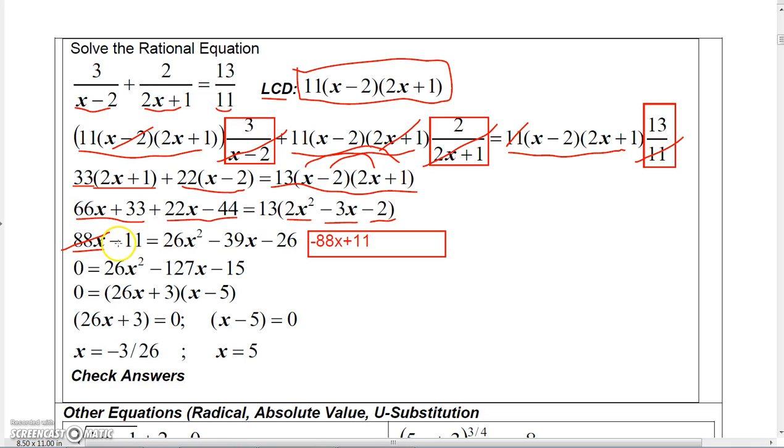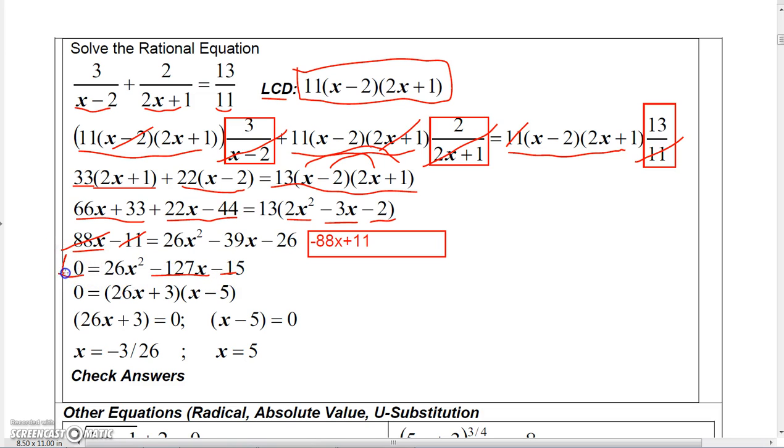And then I need to get rid of this minus 11, so if I add 11 to the right hand side and add 11 to the left hand side, the minus 11 plus 11 will cancel, and on the right hand side I'll have plus 11. So since these two terms cancel, I get 0 on the left, and then over here, if I take minus 39x minus 88x, that's where I got the minus 127x. And then the minus 26 plus 11 is where the minus 15 came from.